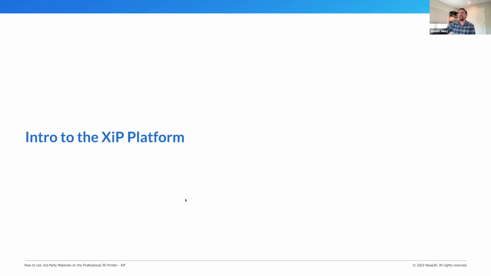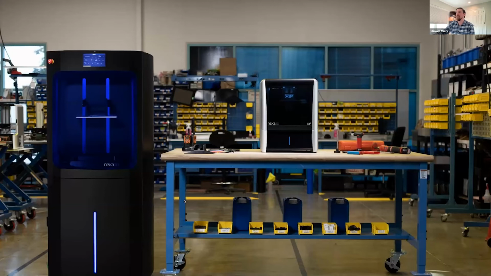All right, so I'm going to give you guys a quick intro to the XiP 3D printing platform. The printer on the left there is the NXE 400 Pro. That is Nexa3D's industrial offering when it comes to resin 3D printers. It is an ultra fast industrial high throughput resin 3D printer.